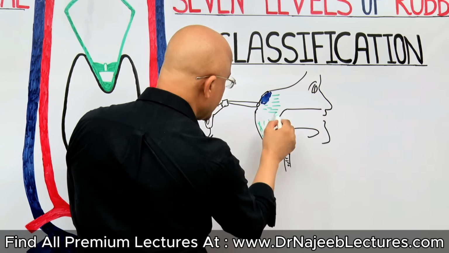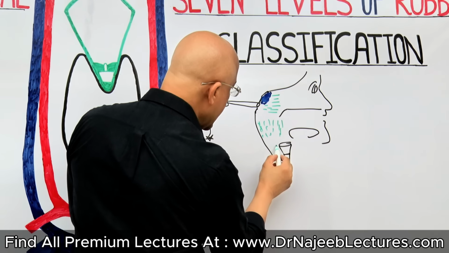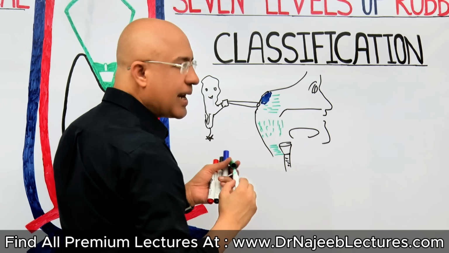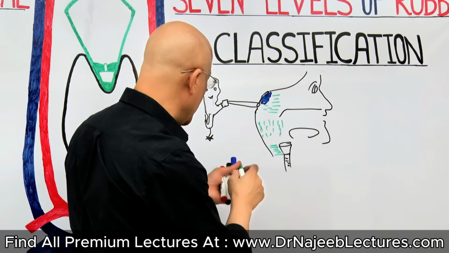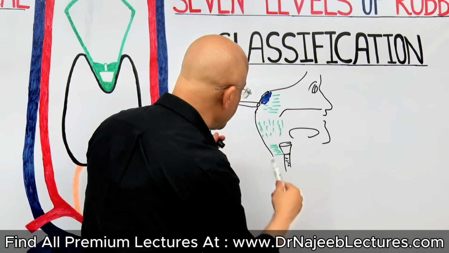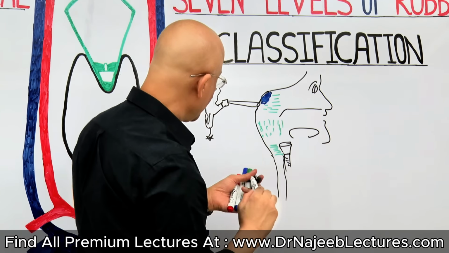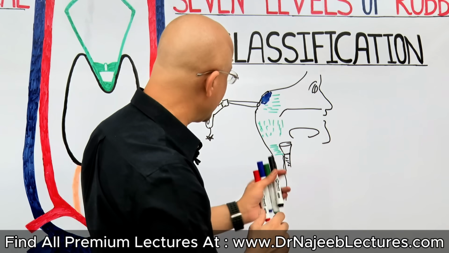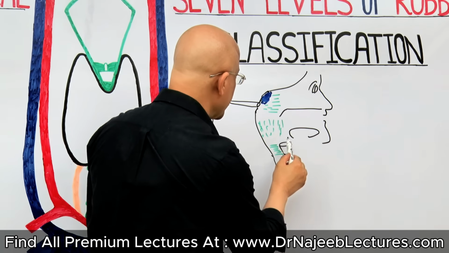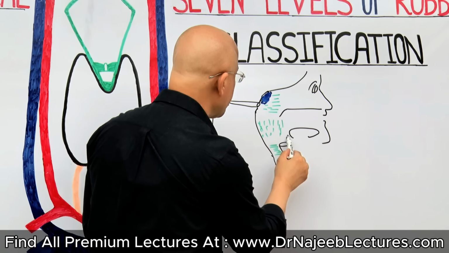This is nasopharynx, and this is oropharynx, and this is hypopharynx, which is behind the larynx, right? And of course, below that, you have your very important tube, esophagus, and in front of that you have your tracheal system. Now this is your epiglottis.